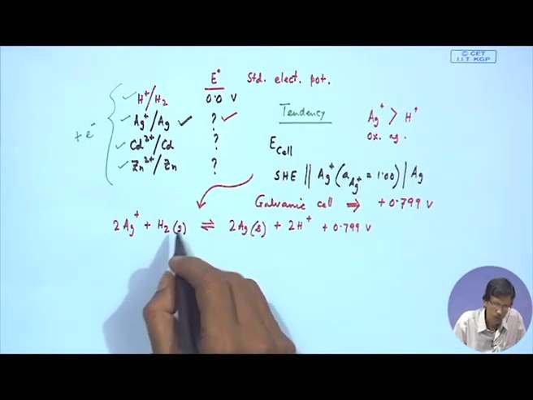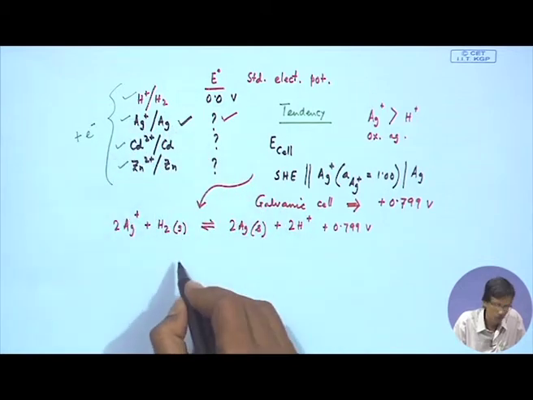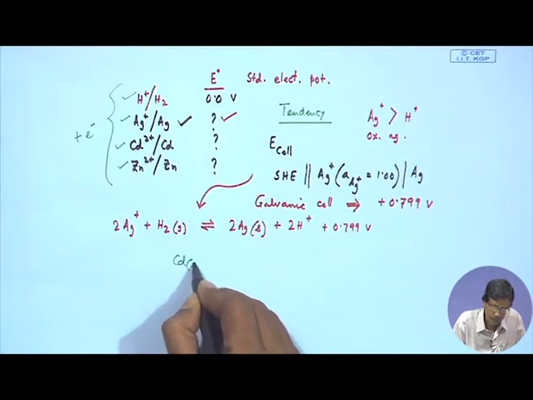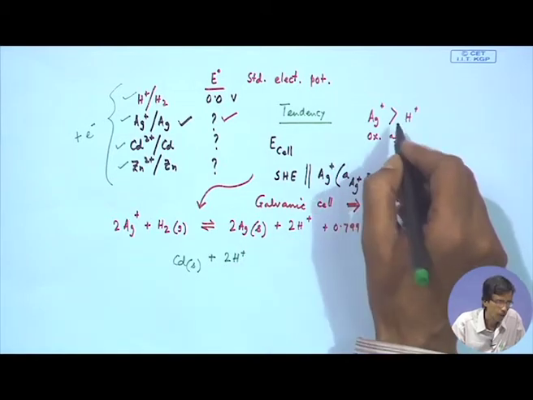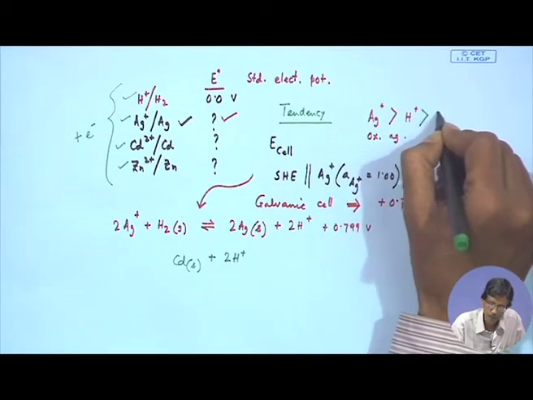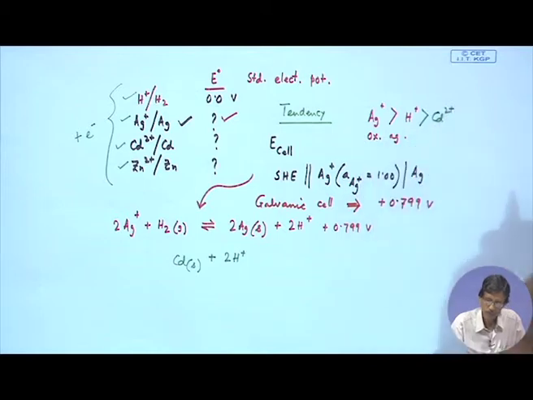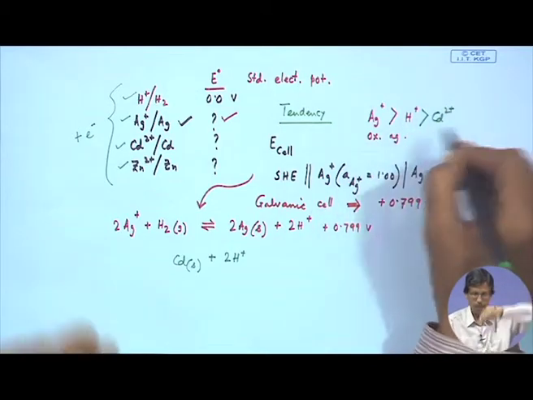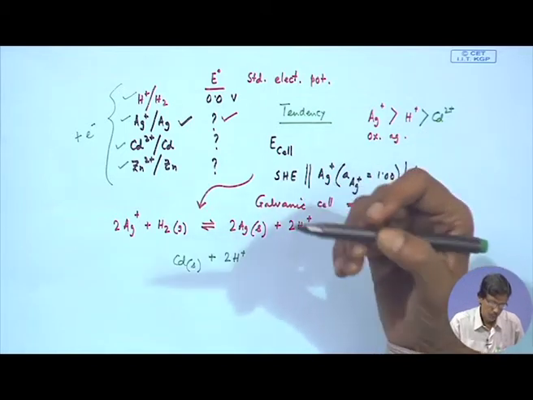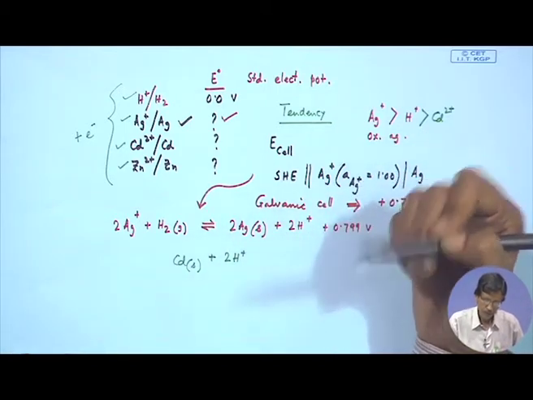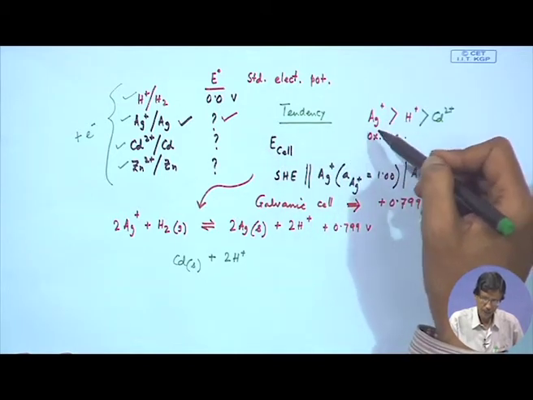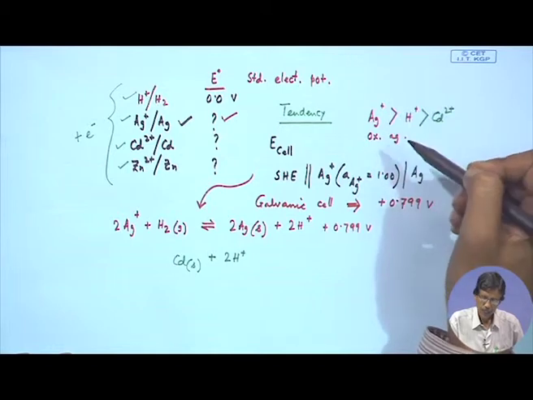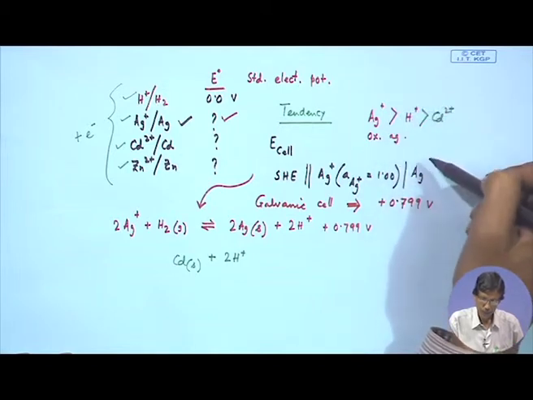We all know that cadmium as solid can now react with the proton, because cadmium is below hydrogen. In the electrochemical table we know that if silver is above H plus, then cadmium will be below.